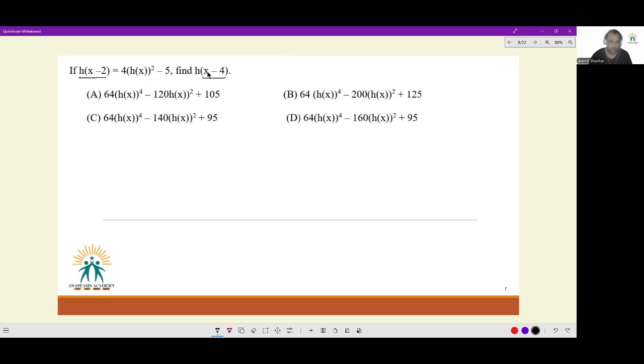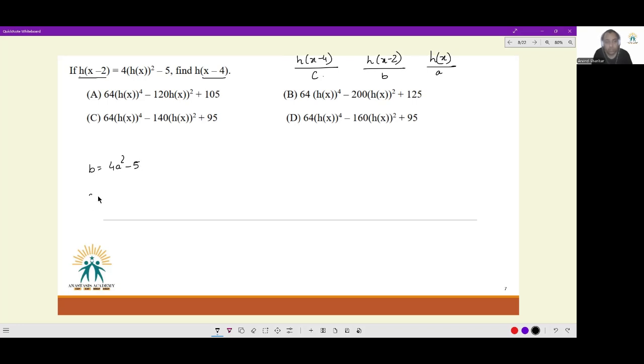So if we are looking for h of x minus 4, the relationship between h of x minus 4 and h of x minus 2 is the same relationship that h of x minus 2 has with h of x. For ease of writing, I am calling h(x) as A, this is B, this is C. If I call it ABC, B is equal to 4A squared minus 5.